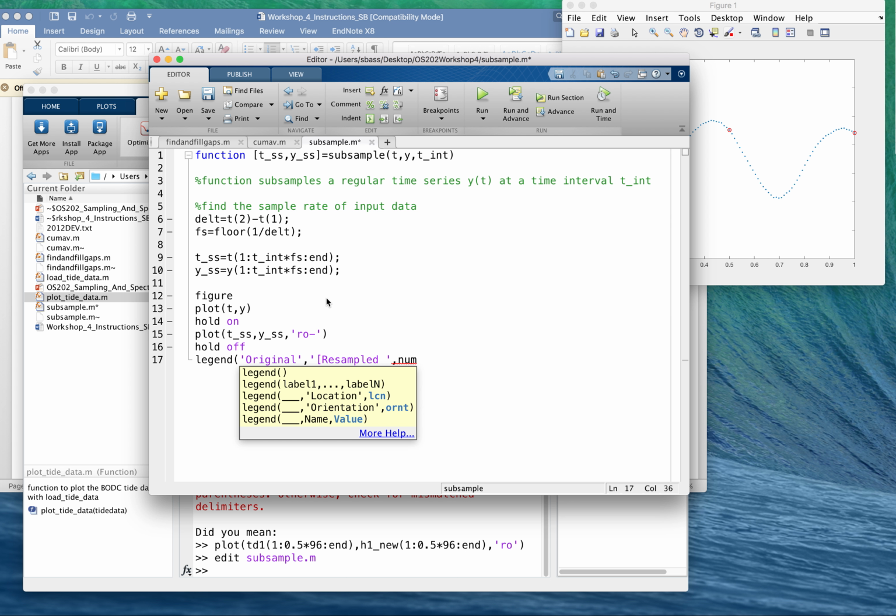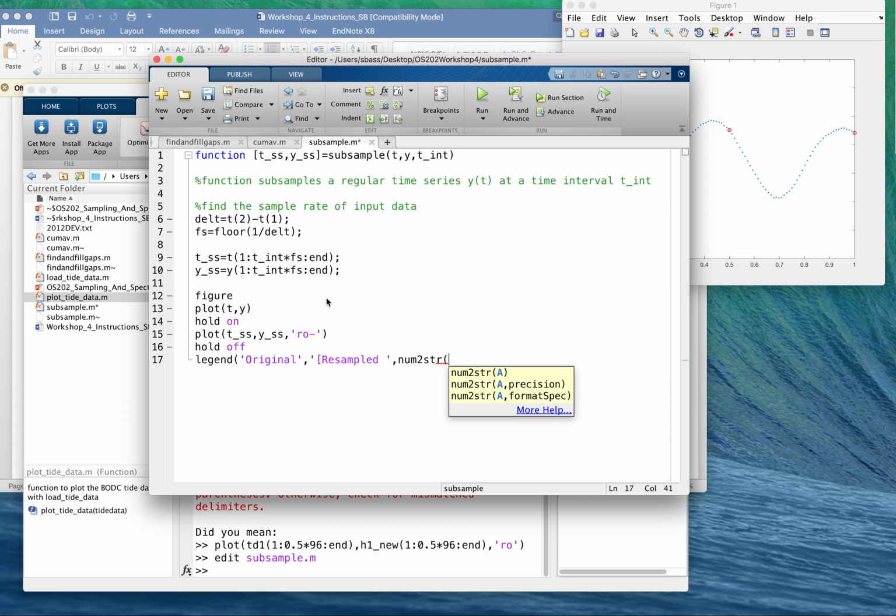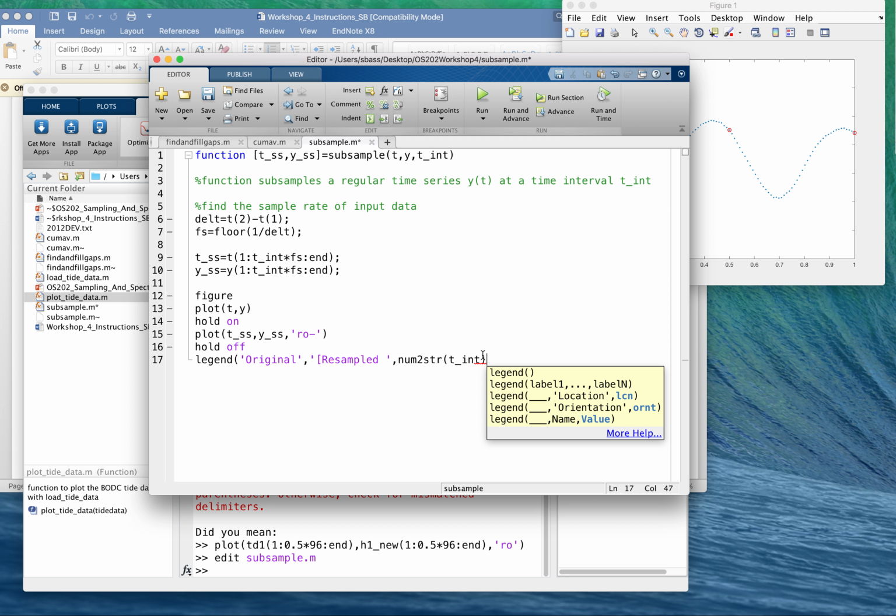So we want to convert that number to a string, num2str of t int. What that means is it will concatenate the string resampled with the string equivalent of t int, and t int is in days. Okay, so our time is in days. Should probably put that up here as well. Regular time interval of t int days.